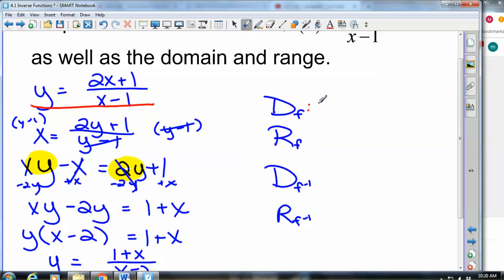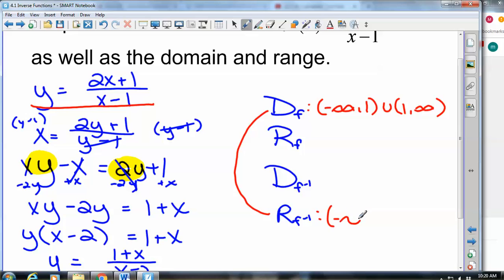So my x can't be 1. So I'm going to write that as negative infinity to 1 union 1 to infinity. Now, you know that the x's in the original function become the y's in the inverse. So that means the domain of the function is the range of the inverse. I'm just going to copy that down. These will always be the same.